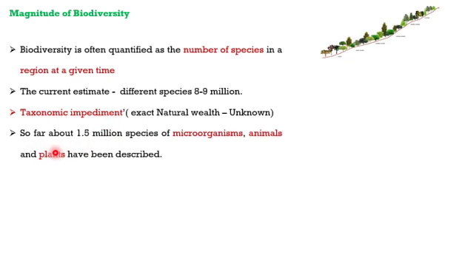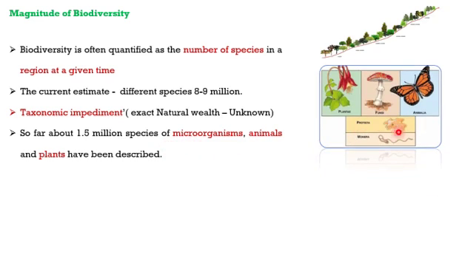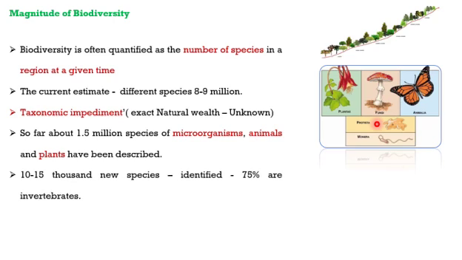And so far 1.5 million species of microorganisms, animals, and plants have been described. Which is very huge, right? Around 1.5 million species. But every year scientists and researchers identify and describe around 10 to 15,000 new species, of which mostly 75 percent are invertebrates.